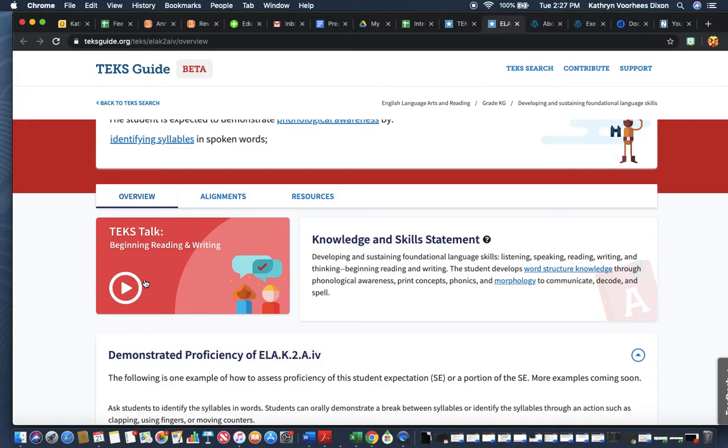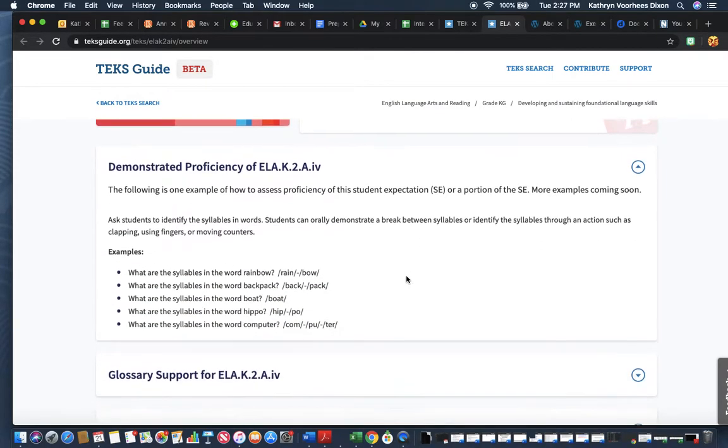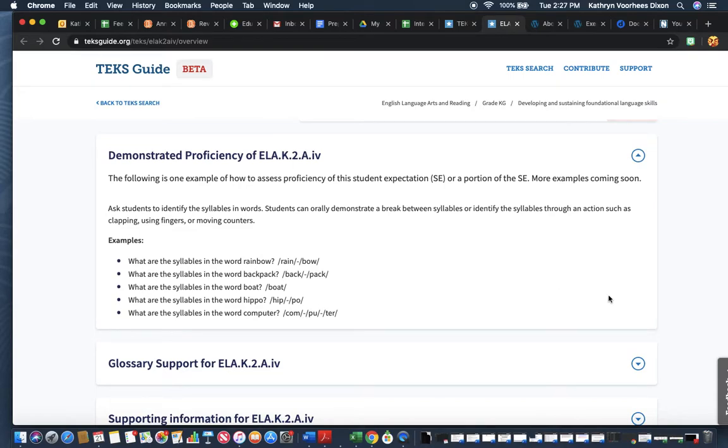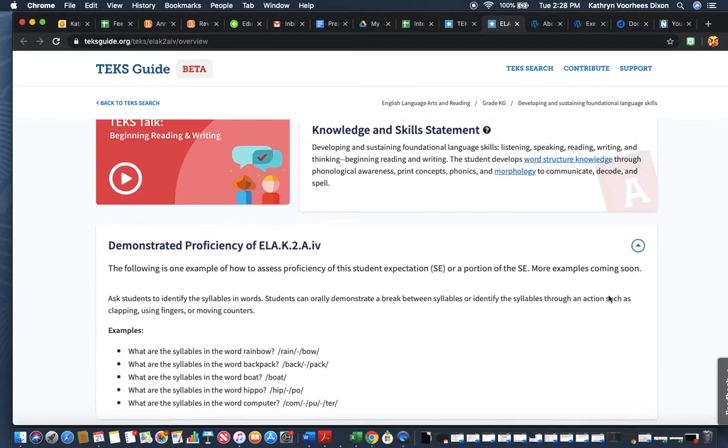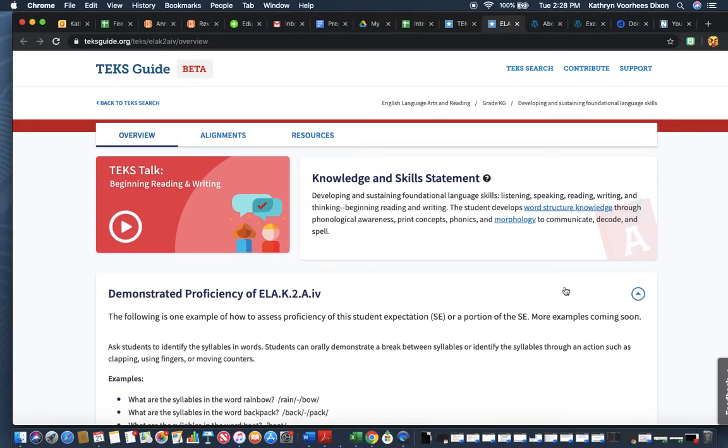So we see here that each time we go into a TEKS, it gives us the knowledge and skills statement. And then it gives us some examples. And so we can see, like, what does this mean? What does it mean if this student is able to do these things?